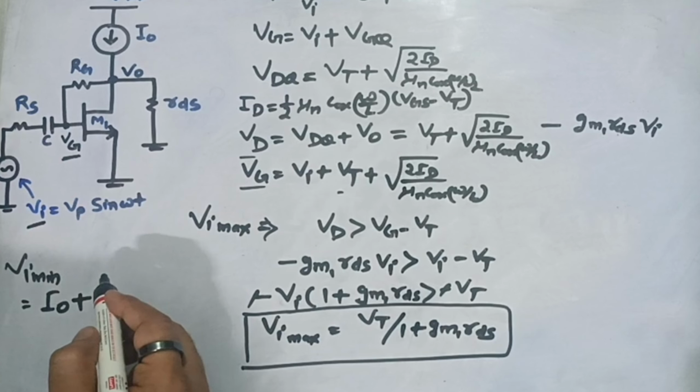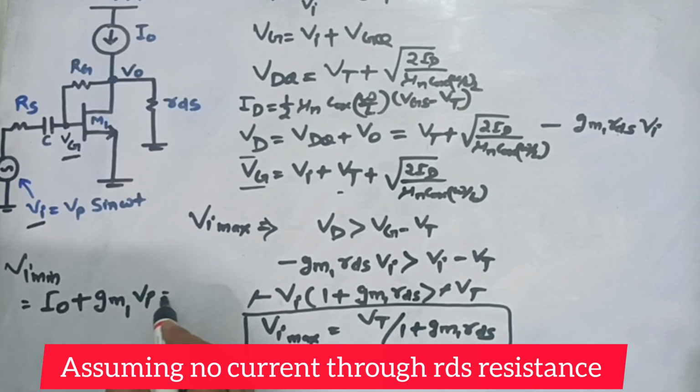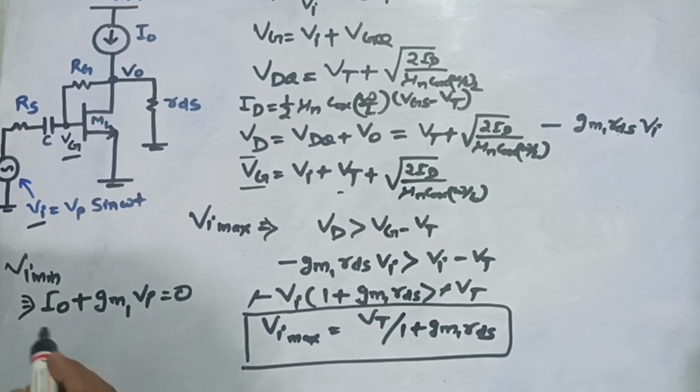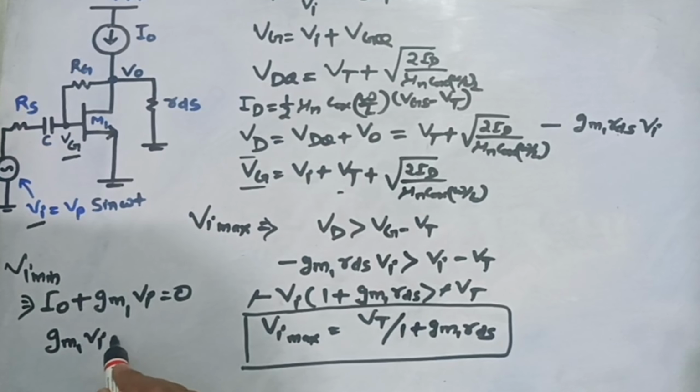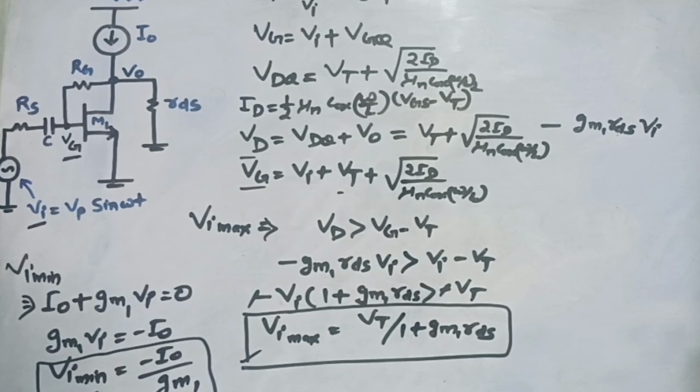VGS is nothing but Vi. This should be equal to 0 if we have to calculate the minimum value of Vi. So from here we get Gm1 into Vi equal to minus I naught, and Vi minimum would be equal to minus I naught upon Gm1. So this is the value of minimum and maximum input which this amplifier can support.